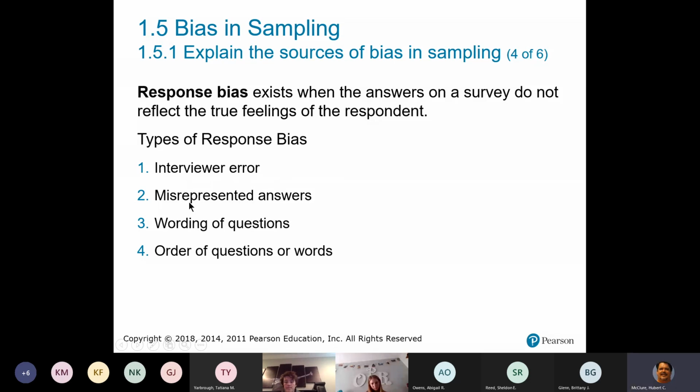Interviewer error, misrepresented answers, wording of questions. That's the biggest one. Number 3, highlight number 3, because that's the biggest one. You're not going to vote for Mr. Smith, are you? Yes or no? That's the leading question. You can't lead questions in a survey negatively or positively.